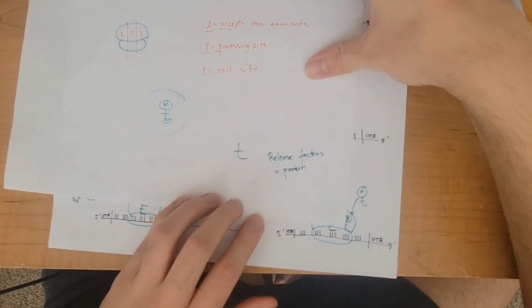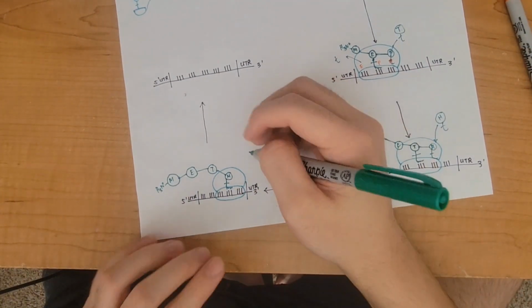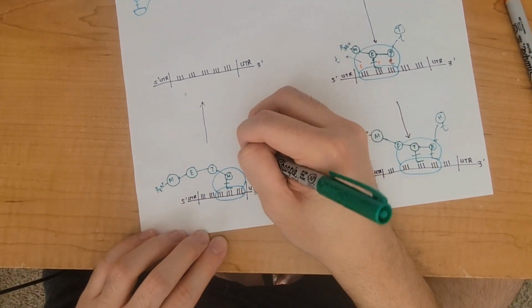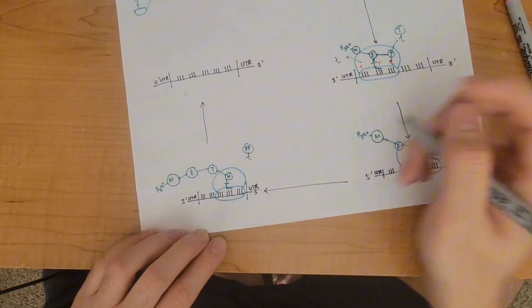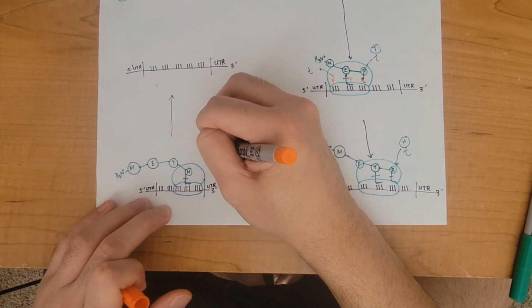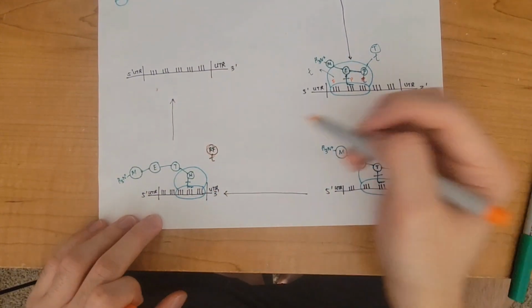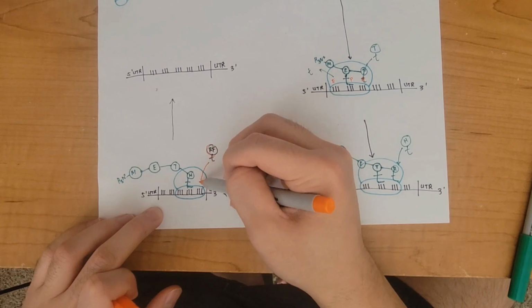Now this protein is going to bind to the stop codon. So in this one, I would just say this is RF. You know what, let's put it in a different color. RF, the release factor, is going to go here to the A site.